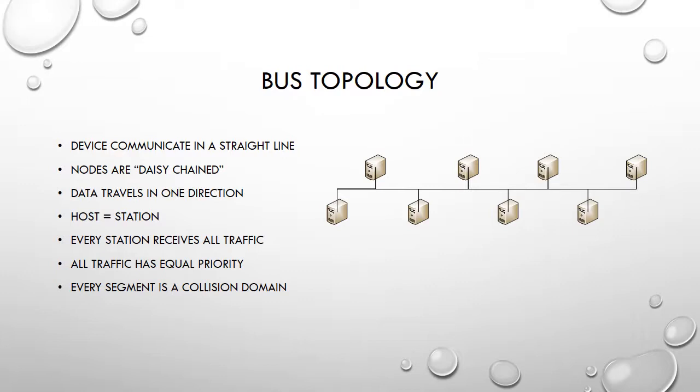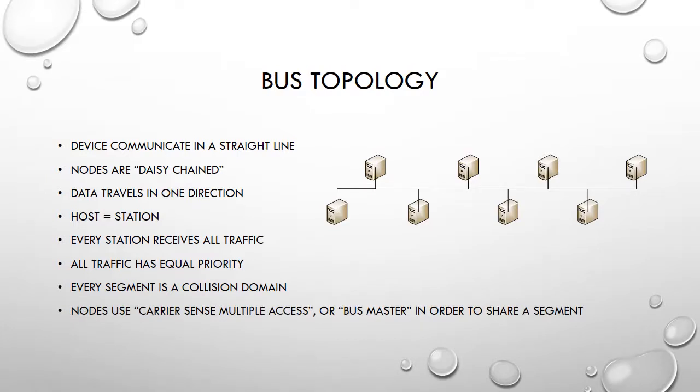Now, since all stations are on a single collision domain, we need some way for the stations to know when they can send traffic and when they need to be listening. For this, typically carrier sense multiple access or busmaster were used.